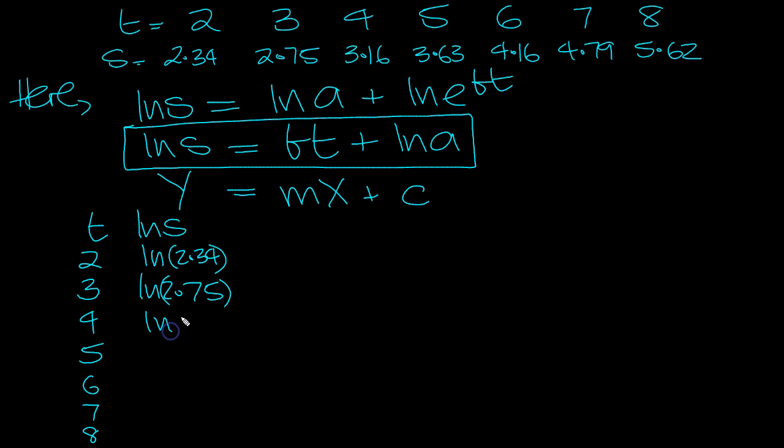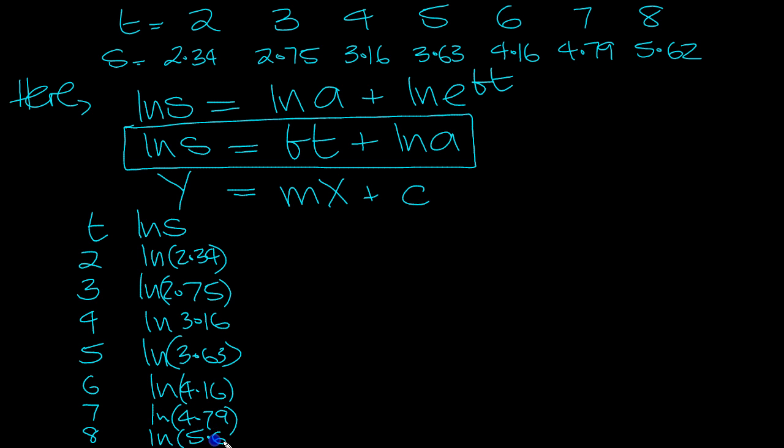This is ln 3.16, ln 3.63, ln 4.16, and we're keeping accuracy by doing this. ln 4.79 and ln 5.62. We're not rounding at all. We can round at the end, hopefully, if it's not too onerous to do. Otherwise, if it was too onerous, we just work these out to say 3 or 4 dp. Okay, there's our x then, so to speak.